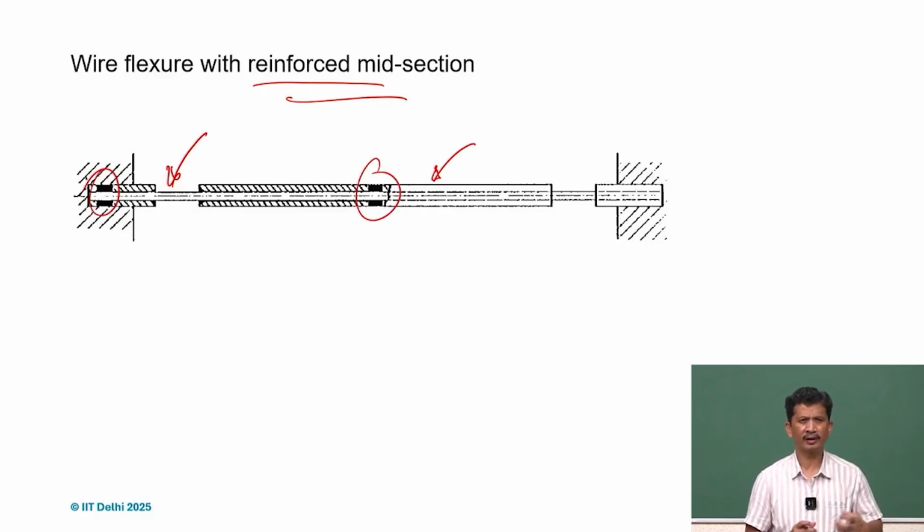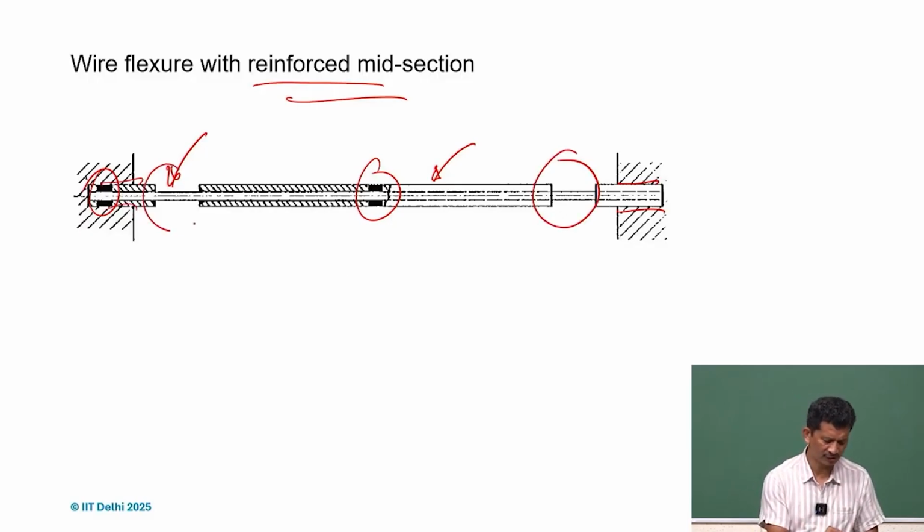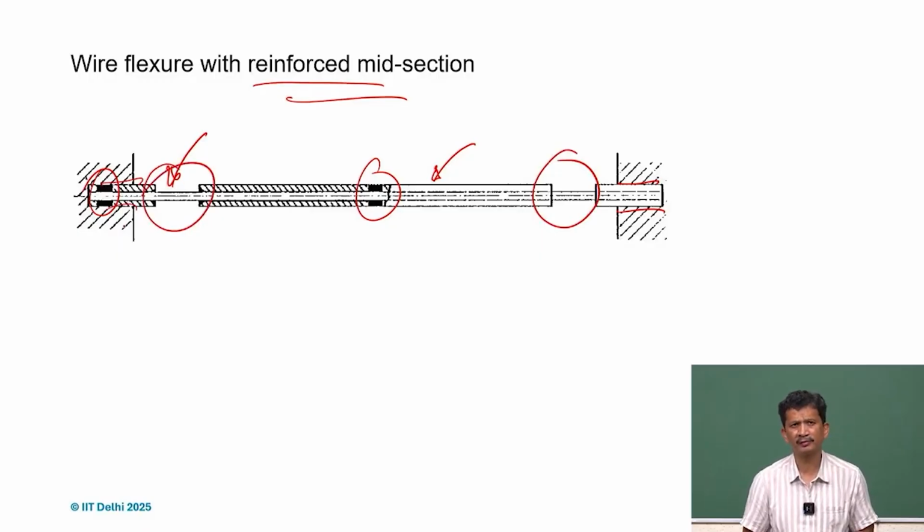What we also realize is that this gives us more area for clamping and for assembly. So this is way better than just securing a thin piece of wire. And of course, this is the middle section, which is the compliant section. So this way also we can get a reinforcement. We can reinforce the mid section, and we can always get a better performance.